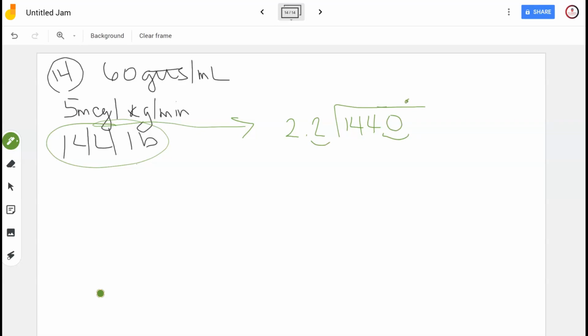22 goes into 144 6 times. Drop your 0. 22 goes into 120 5 times. Make that 0 look a little bit better. 5 times, right? So 10, 11.